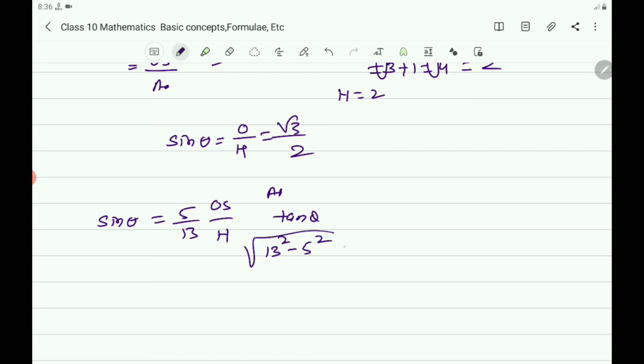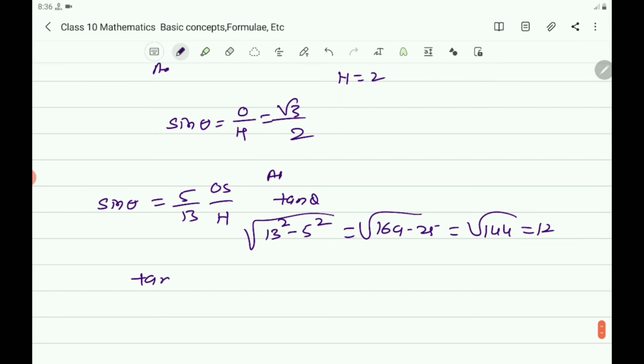That is square root of 169 minus 25. You will get 144. That equals what? 12. Then you will get tan theta is equals to O by A, opposite side by adjacent side. That is opposite side is already there, that is 5, and adjacent side you got 12. So it is 5 by 12.